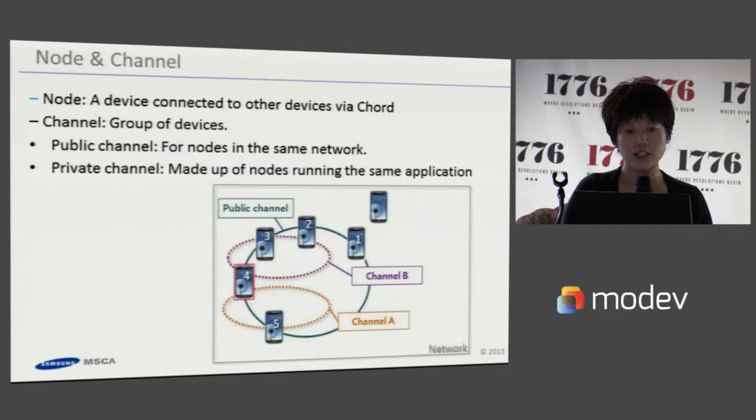Another concept is the private channel. A private channel is made up of nodes running the same application. As shown in the picture here, we have one public channel which includes devices 1 to 5. Channel A includes devices 4 and 5. So any data transferred in channel A will only be visible to devices 4 and 5 in this case.